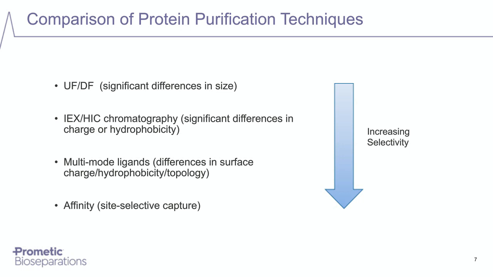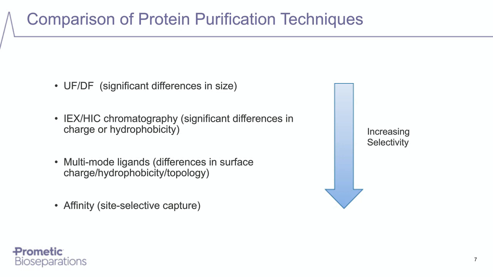And then finally, we have what currently represents the ultimate in protein purification, which is affinity chromatography, where we have affinity ligands that are able to bind selectively to specific sites on a protein, and that selective separation enables very high levels of purification in a single unit operation.